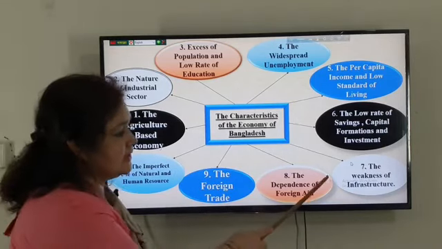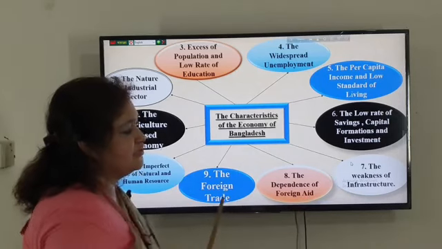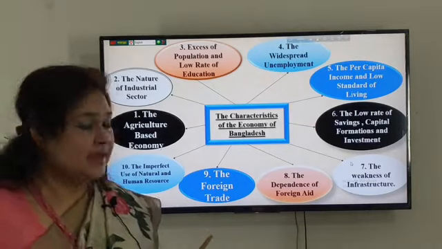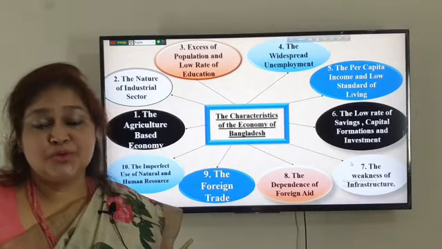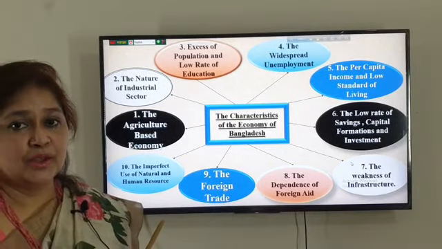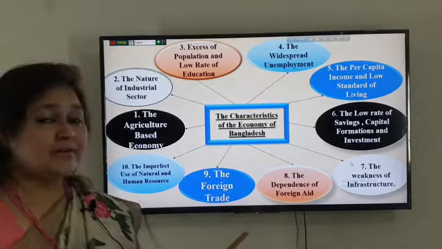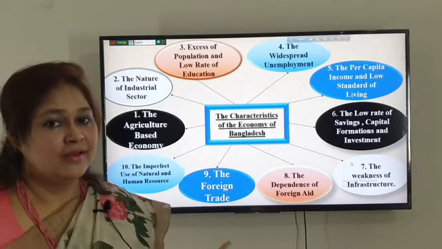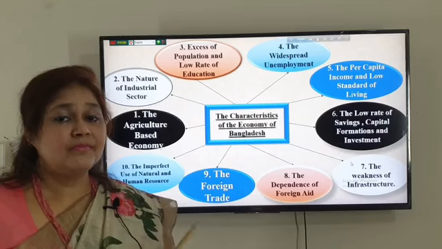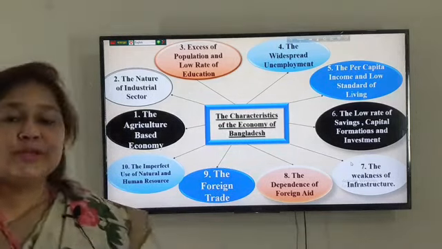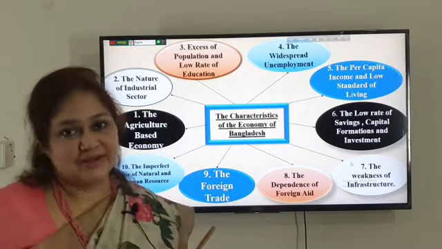Number 7 characteristic is the weakness of infrastructure. The infrastructure can be divided into two types: social and economic infrastructure. And which are social infrastructure? Do you know? Education, health, recreation, these are known as social infrastructure.